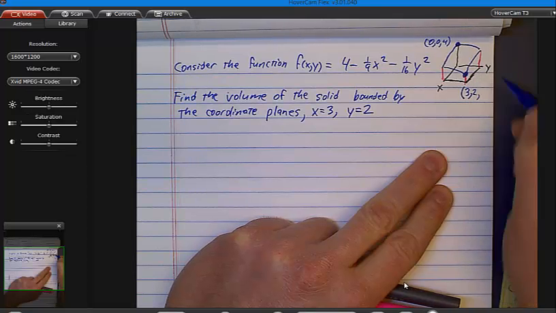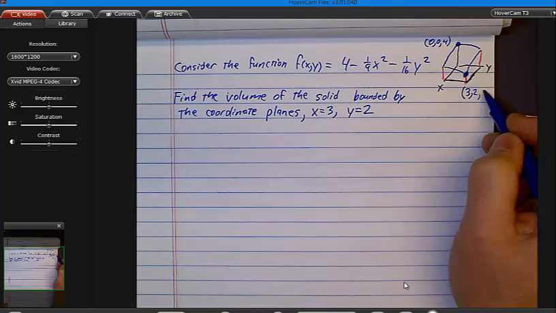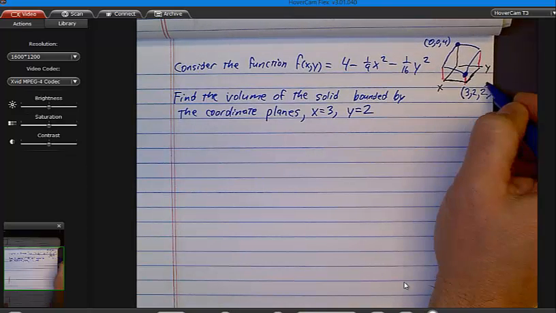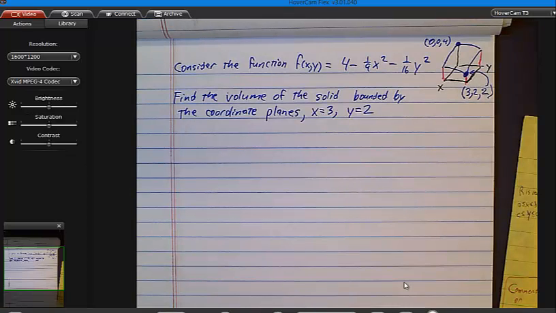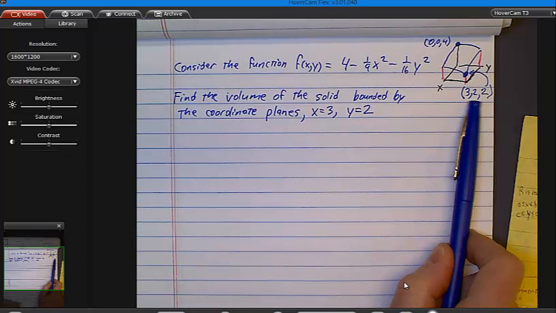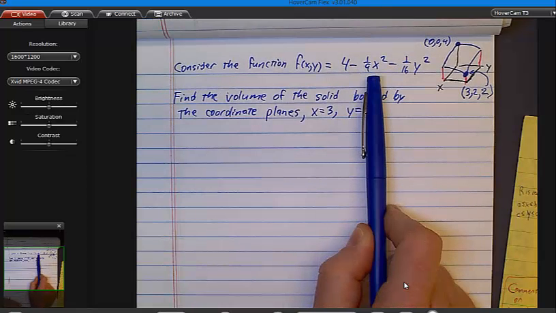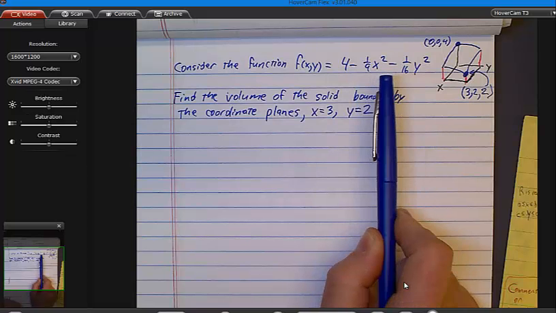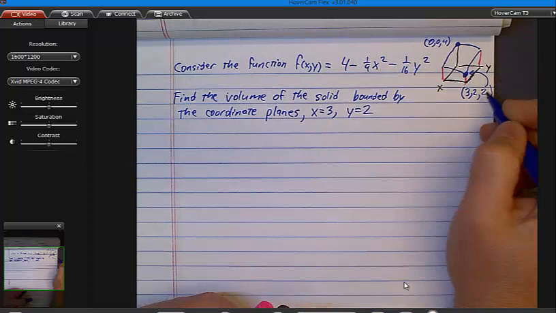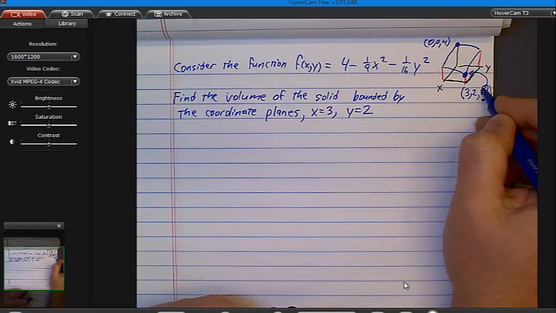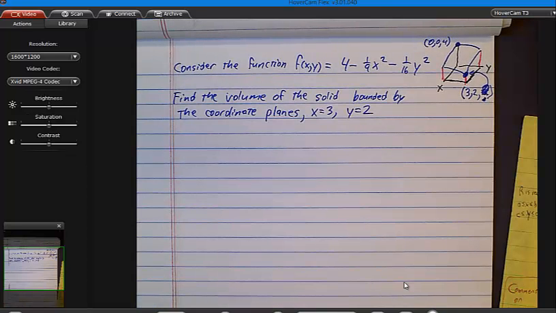If I plug in 3 for x, 9 times 1/9 is 1. Oh, you're right, I would need a 4 to get a 2. So 3, 2, who cares? Let's leave it at that. Anyways, I want to find this volume.